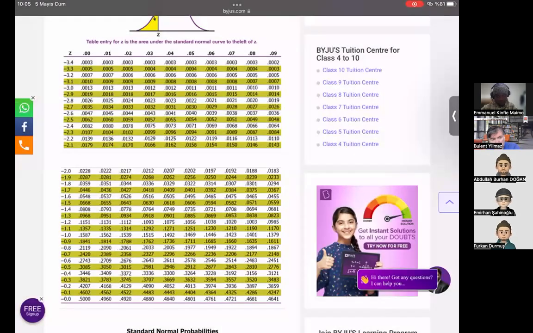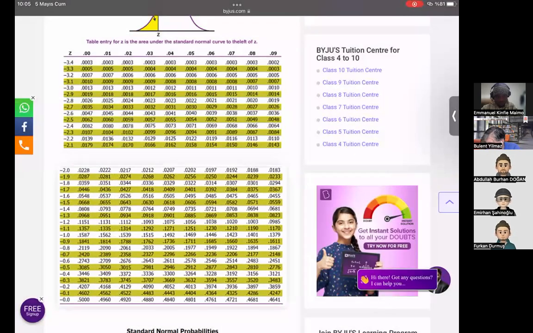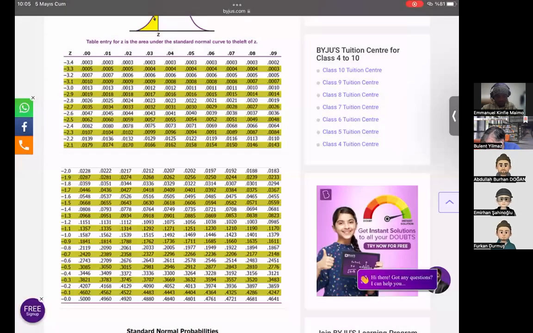You see this part, minus 0.6, and you go to the third column. You see there is a Z column: 0.00, 0.01, 0.02, 0.03. You try to find minus 0.63.